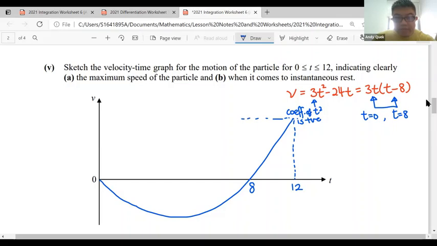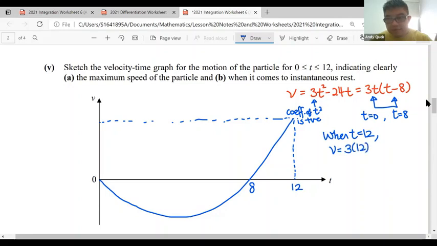And would this be the maximum speed of the object? What we need to do is substitute t equals to 12 to get the v. The v will be 12 times 12, which is 144. So the speed here is 144 meters per second, which is incredibly fast.